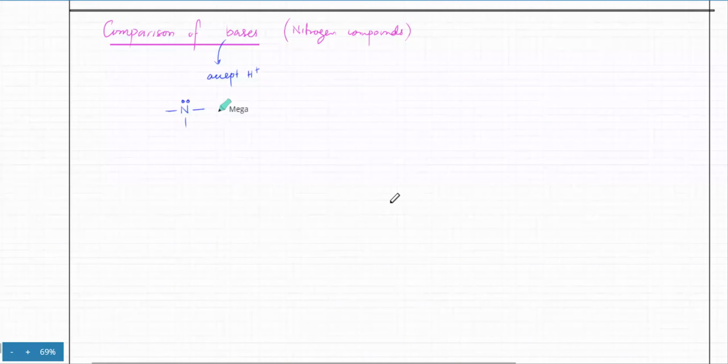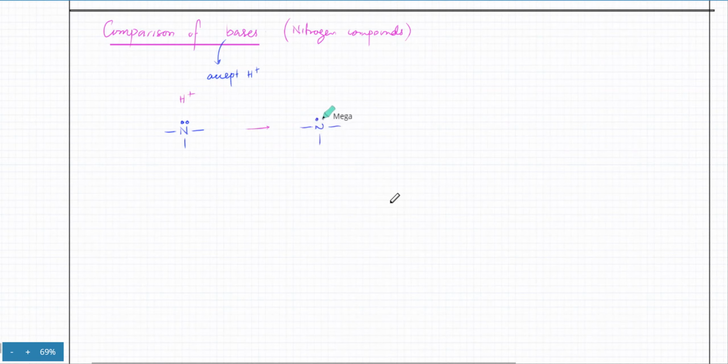If there's an H plus one roaming around, that H plus one is going to get strongly attracted to that lone pair. The end result is that the N in the nitrogen compound would attract the H plus one and bond with it. So whenever there is N, you call it a base because the lone pairs on N can accept H plus one ions.